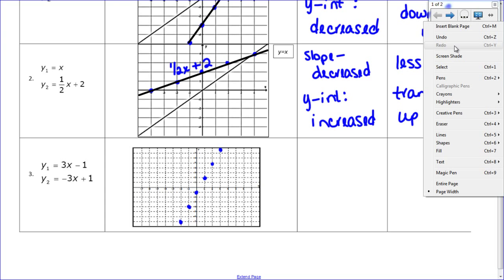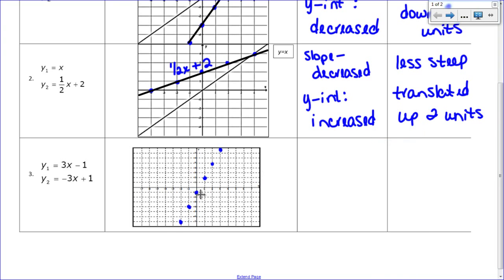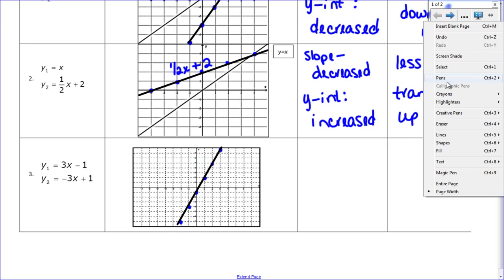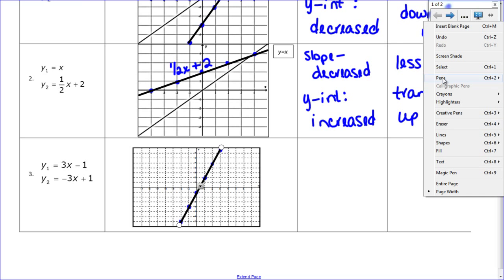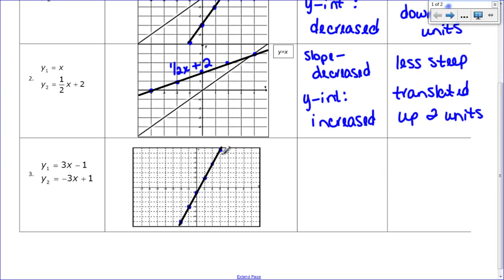I'll connect those points and make my line. There we go. So that's going to be my 3x minus 1.